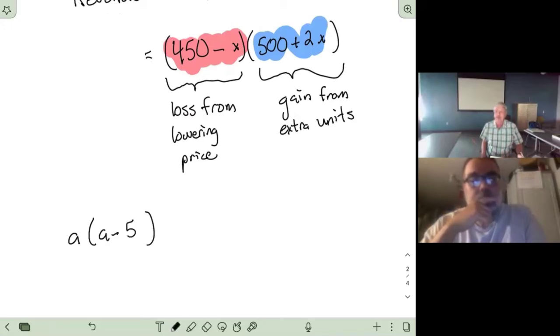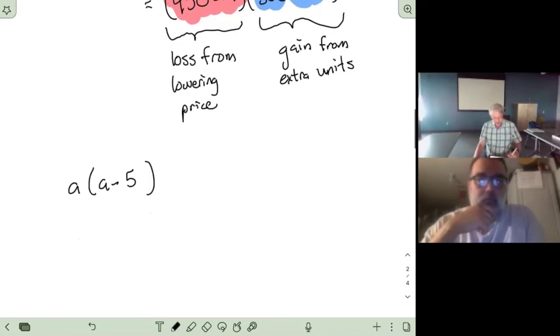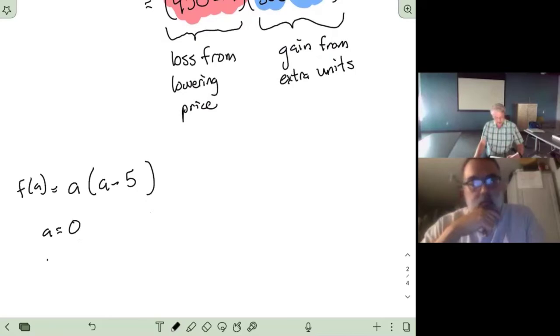The reason that is really handy is that you see the two roots of this function: A is 0 makes F be 0, and when A is 5, that makes the function 0 as well.